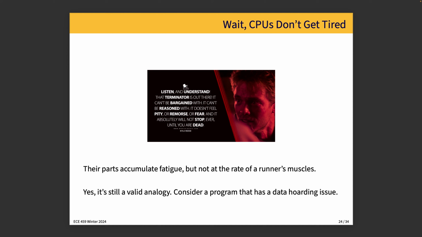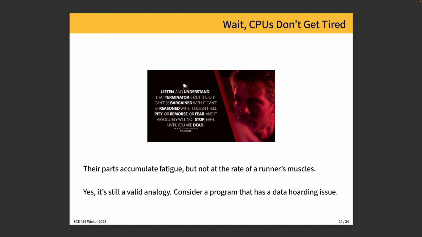So CPUs don't get tired, nor do their parts accumulate fatigue at the same rate as a runner's muscles, right? Yes, eventually a GPU breaks down because of heat damage and stuff like that, but not on a 30-minute time frame or a one-day time frame, unless you're doing something really wrong.